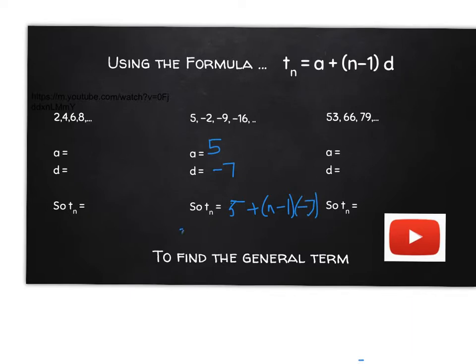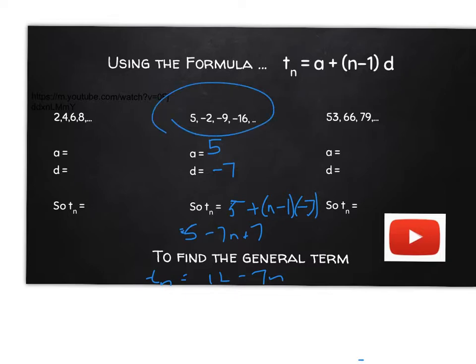Simplifying that, I get 5 minus 7n plus 7, so equals 12 minus 7n. So our general term for the second sequence is 12 minus 7n.